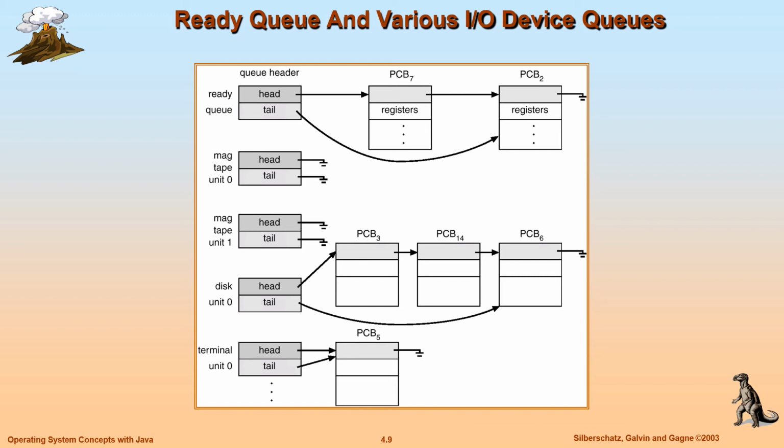This depicts the ready queue and IO device queues implemented using linked lists. A linked list always has a header and tail, and each node links to the next node.